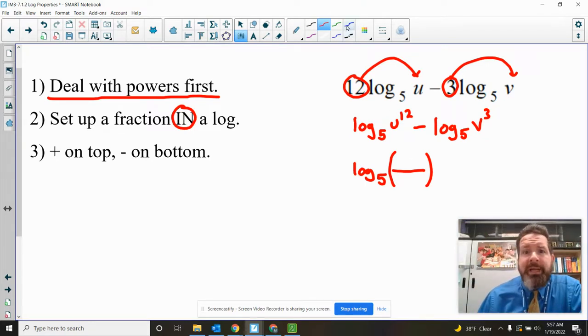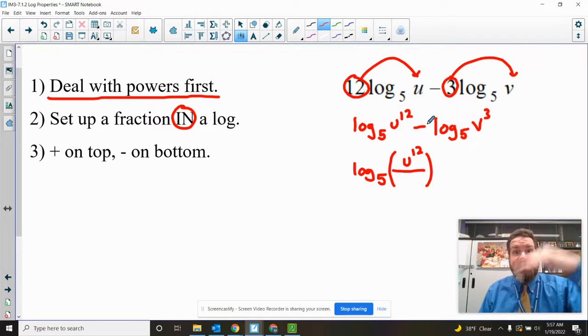So here we go. I'm taking a look, and I see that we have here the u to the 12th is in a log that is positive. There's an imaginary plus sign in front here. So that u to the 12th goes on top of the fraction. The next log, the v to the third, notice it's got a minus in front. That means division inside the logarithm.